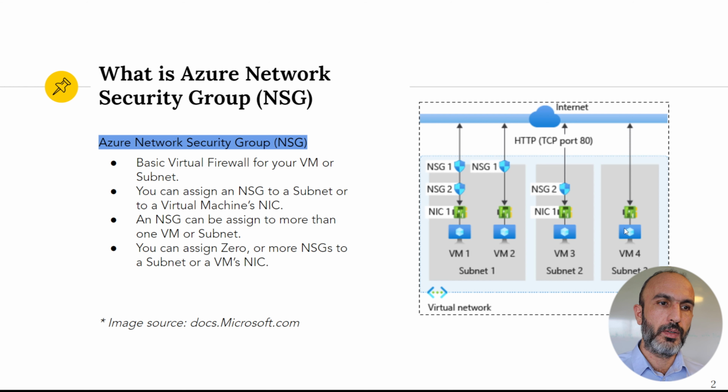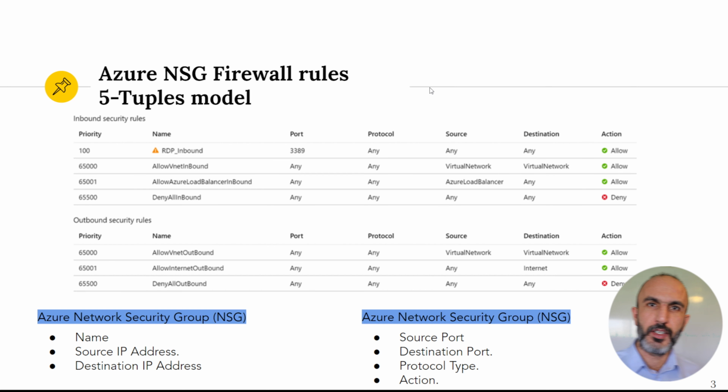You could also have a virtual machine that does not have any network security group assigned to it, like the VM4, although this is not recommended, as that means that your machine does not have any type of security here. Azure NSG follows the 5 tuples model, which means that you need a source IP, a destination IP, a source port, and a destination port, and then protocol type, which could either be TCP or UDP.